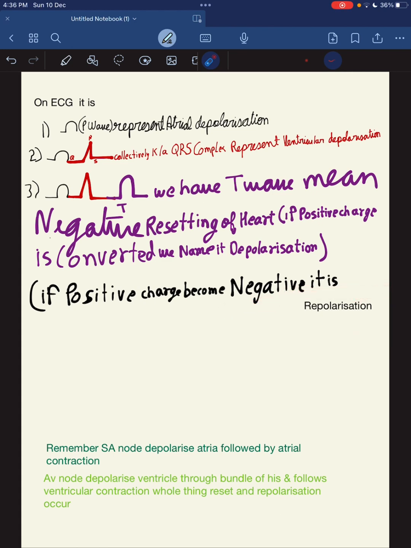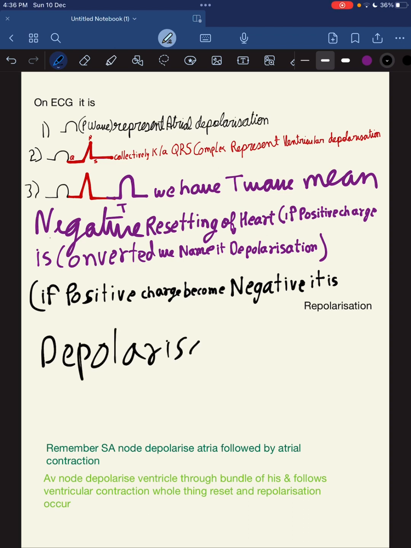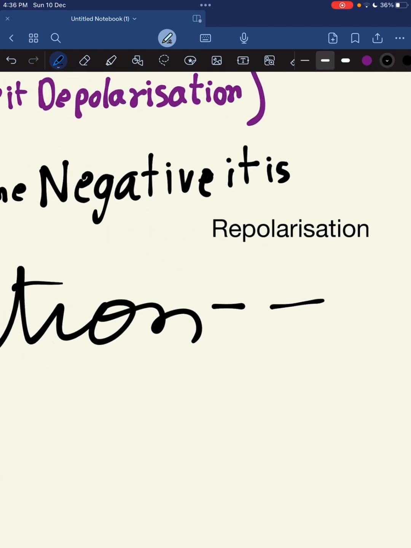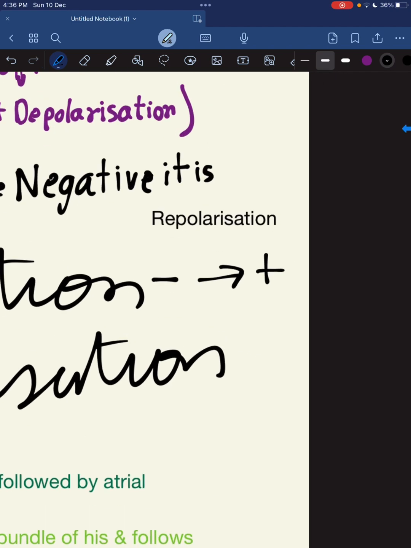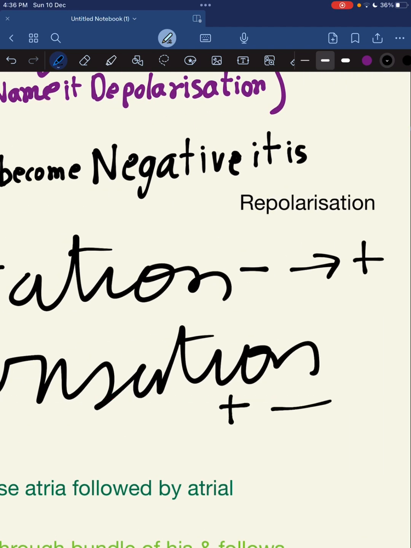So as I told you, let's write here: depolarization is basically negative to positive, whereas repolarization is from positive to negative.